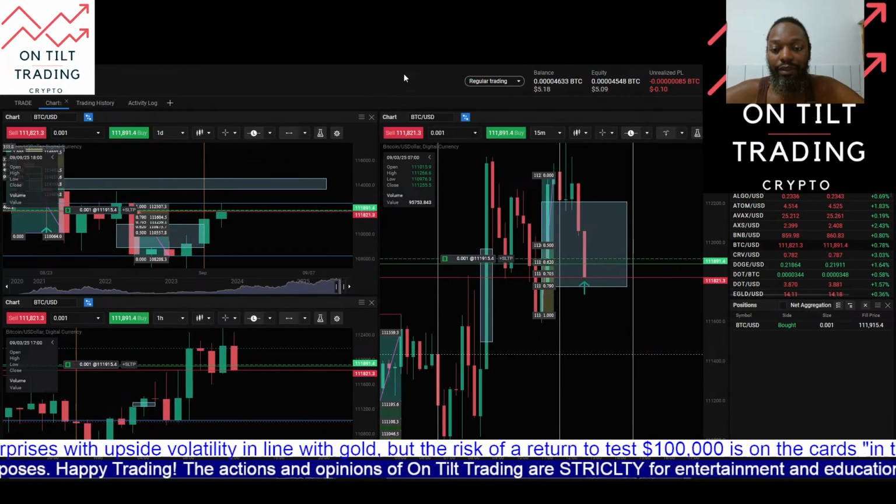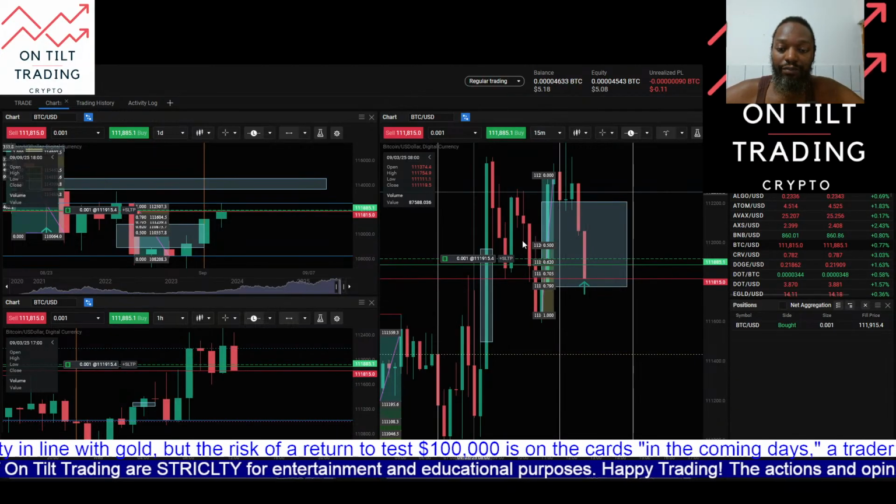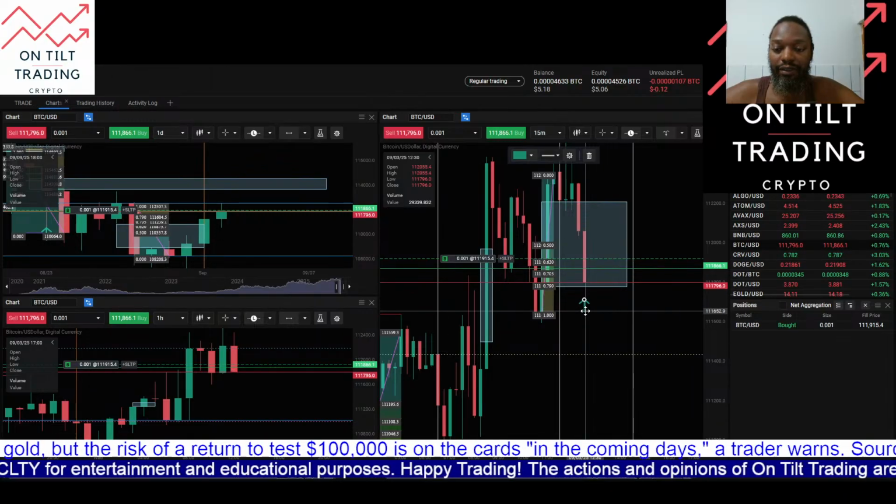Now we'll see where price wants to deliver here. As I mentioned, price may want to come down and rebalance this fair value gap here.